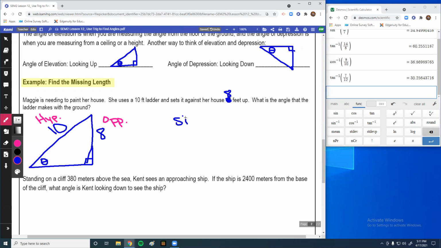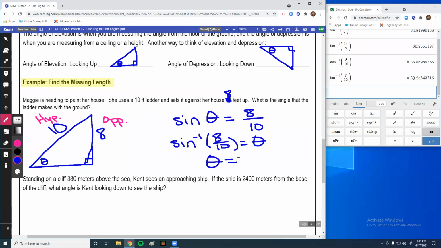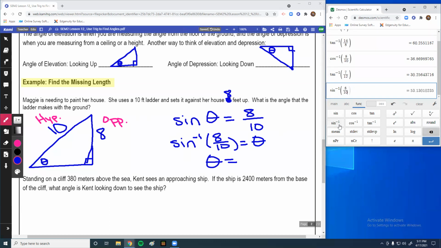So sine uses opposite hypotenuse. So sine theta is equal to 8 over 10. Then we do inverse. So inverse of 8 over 10 is equal to theta. And we're going to round to the nearest whole. So sine inverse of 8 over 10.